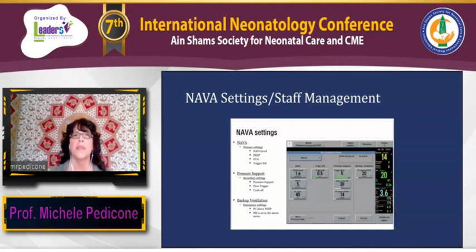So here's an example of the NAVA settings that we would be most concerned with. Our primary settings are going to be our NAVA level, our PEEP, our FiO2, and what triggers our electrical activity of the diaphragm. We're going to have some secondary settings, and we're always going to have backup ventilation. We're going to have emergency settings.